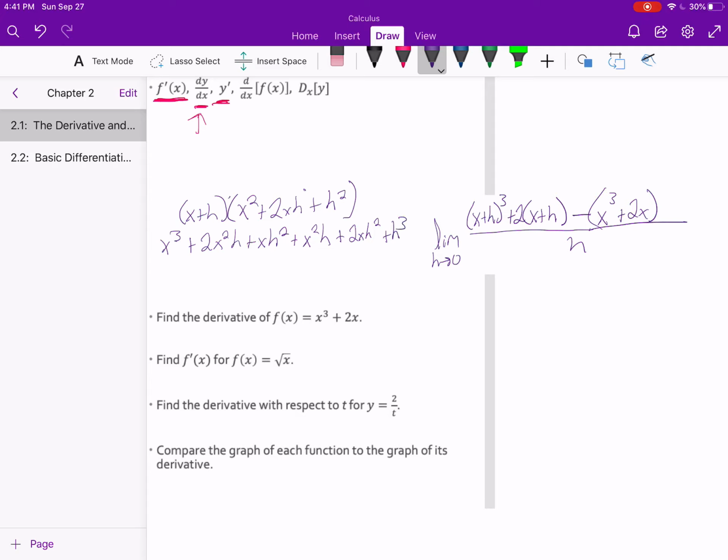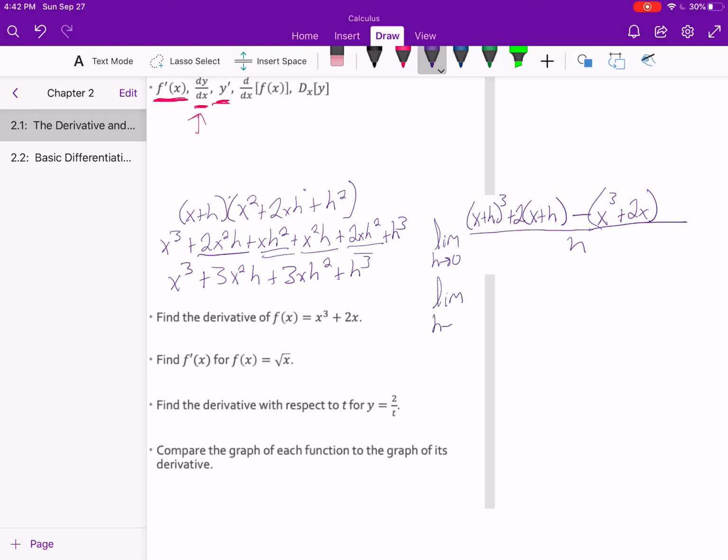See what we can simplify. I have an x squared h here and here. So the x cubed stays by itself, plus 3x squared h plus 3xh squared plus h cubed.